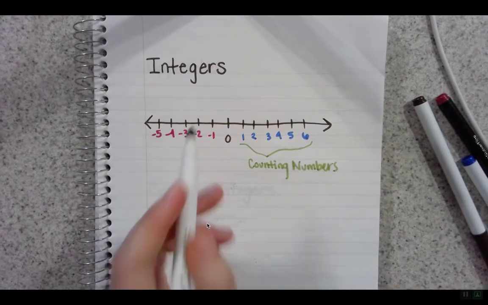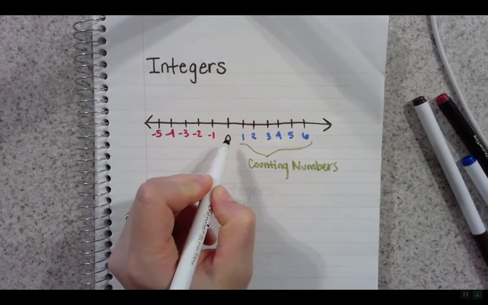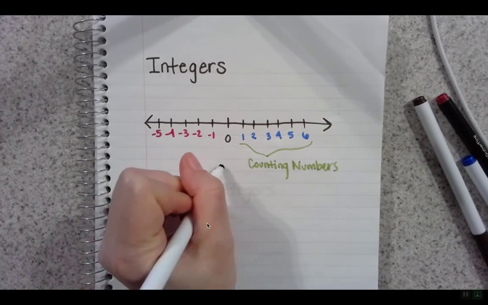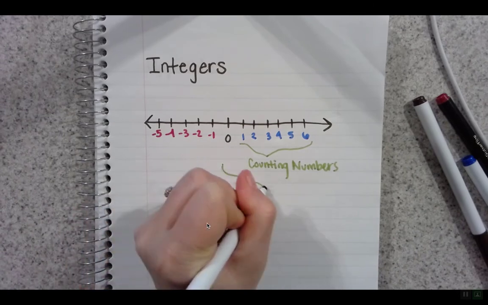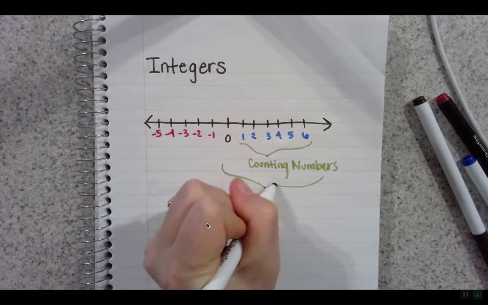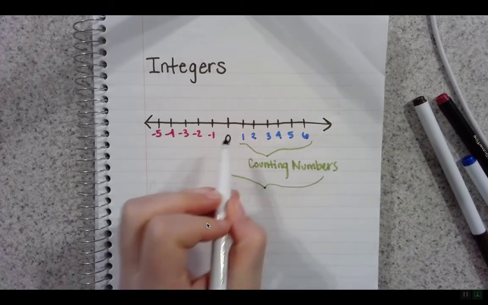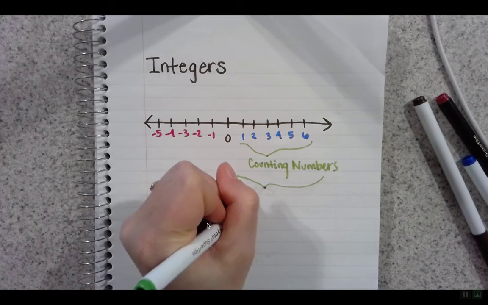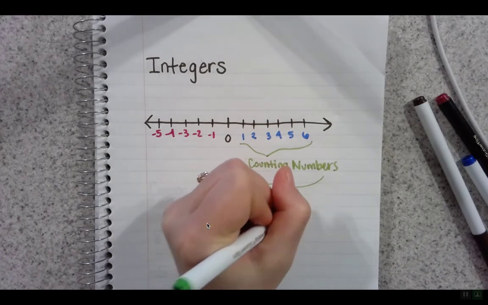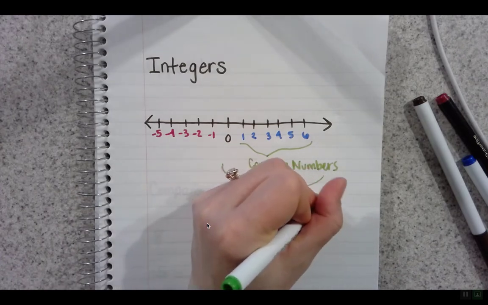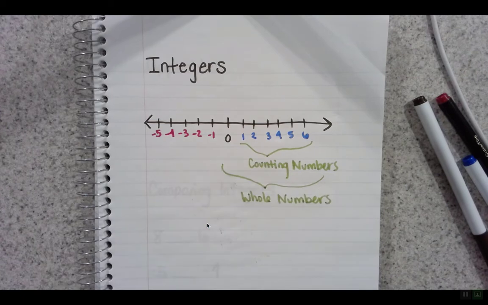Once you add the number 0 to your list, so getting out a little wider, all the counting numbers plus the number 0 are called the whole numbers. Okay.